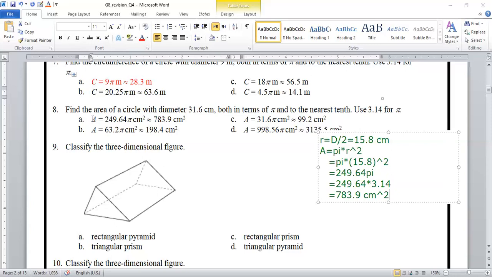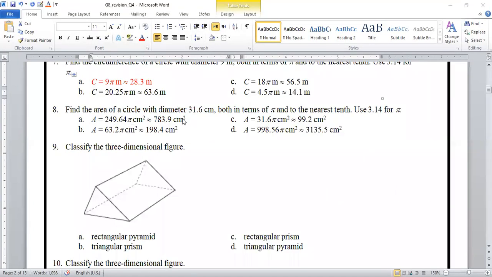So the answer will be number A. The area equals 249.64 pi centimeters squared. After substituting 3.14, we get the area 783.8 square centimeters. The correct answer is number A.